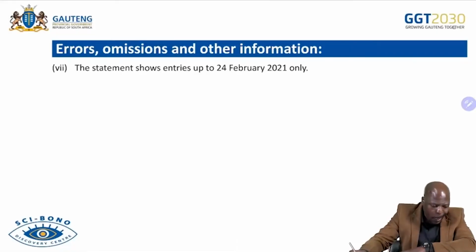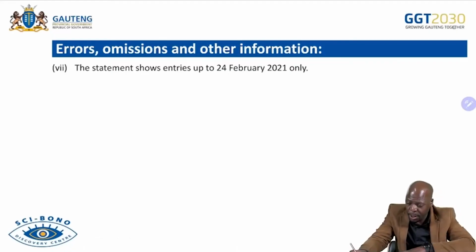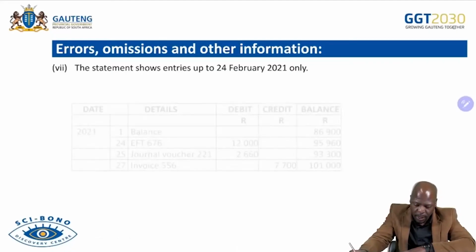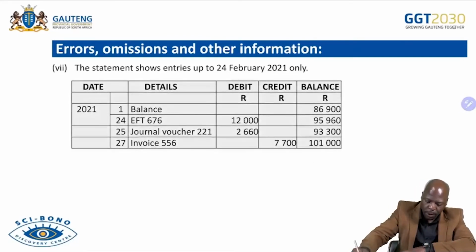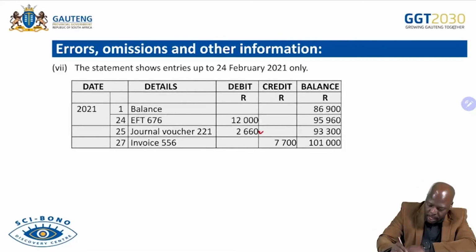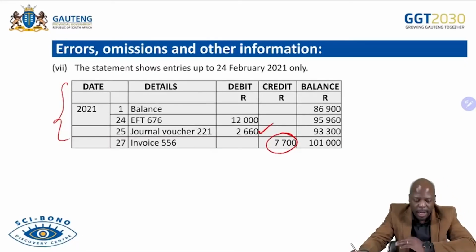The next aspect, it says now on number 7, the statement shows entries up to the 24th of February 2021. Okay, it shows entries until the 24th. Remember we've already dealt with this. That means this 7.7 is the one that was not recorded.